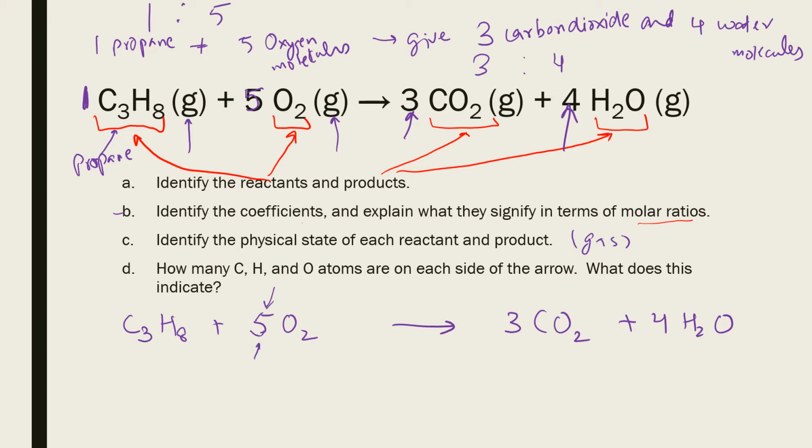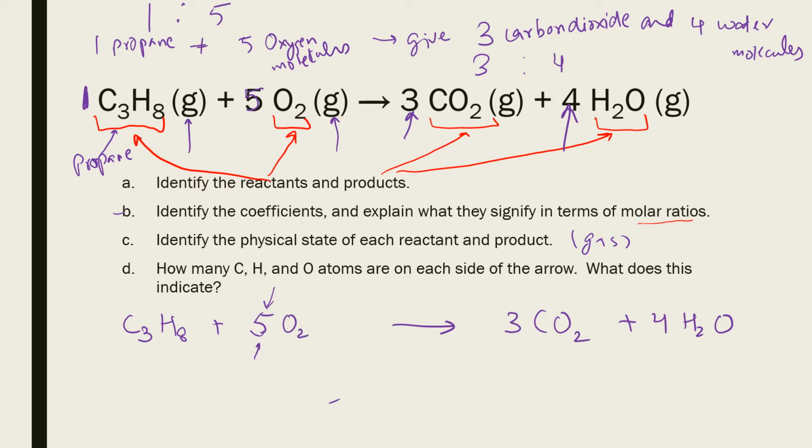This 5 coefficient means that we have 5 O2s. If I count the atoms, each O2 has 2 atoms. So 5 of these will be 2 here, 2 here, 2 here, 2 here, 2 here. So the total atoms of oxygen will be 10. That's the meaning of this coefficient 5.